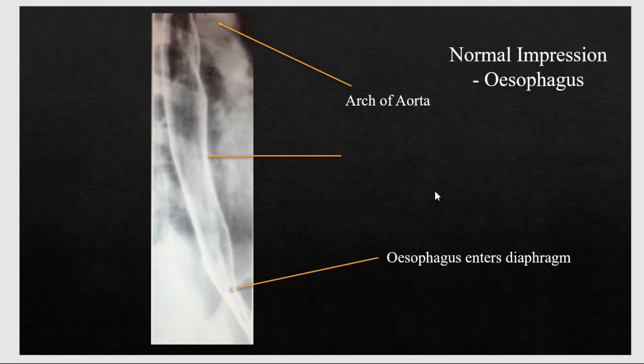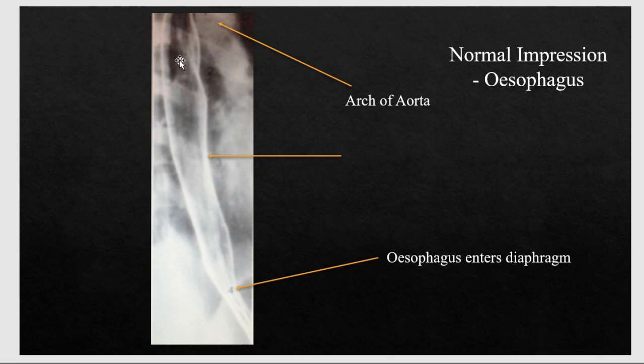What is the normal impression of the esophagus on barium swallow? This is something like this. This is seen after taking a simple X-ray under fluoroscopy. And these are the ribs, you can see. And here somewhere the vertebral column is there.